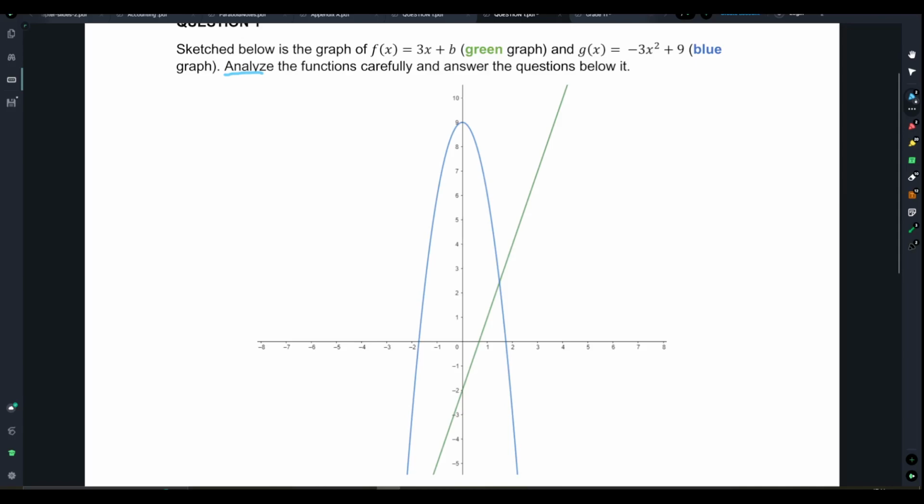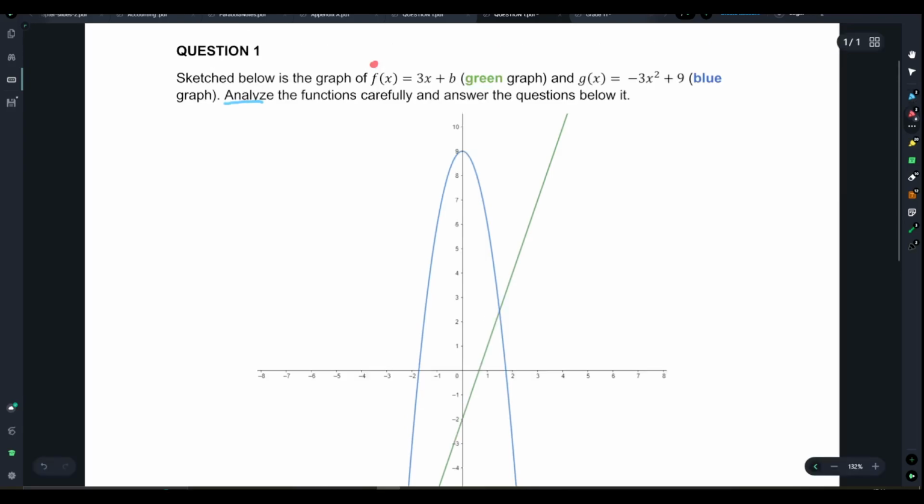Remember that the first function that you're given is actually a linear function, and then remember that this is a quadratic function. Now you know how to work with quadratics and linear functions.